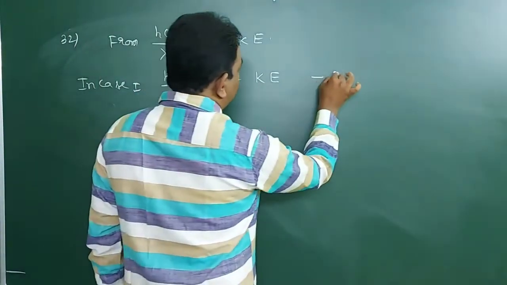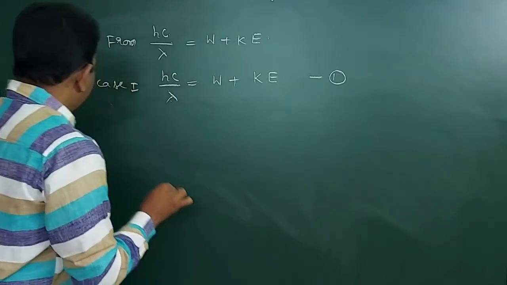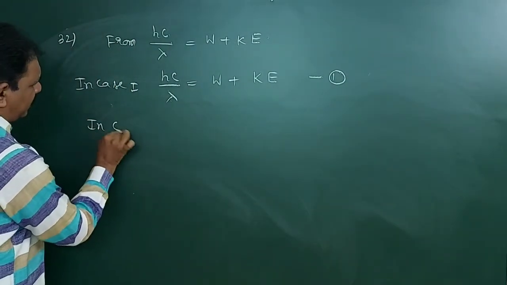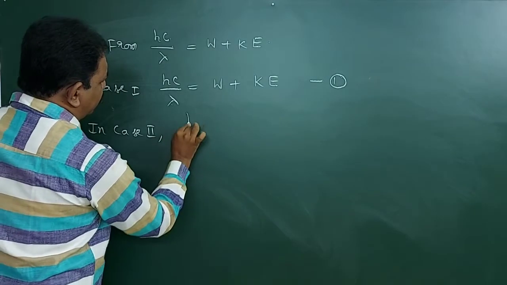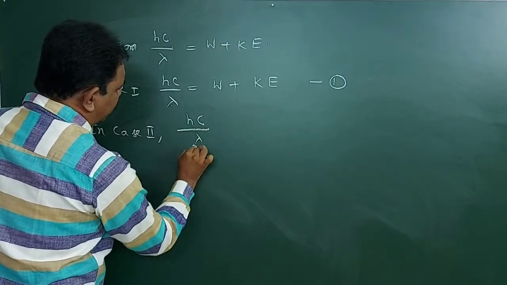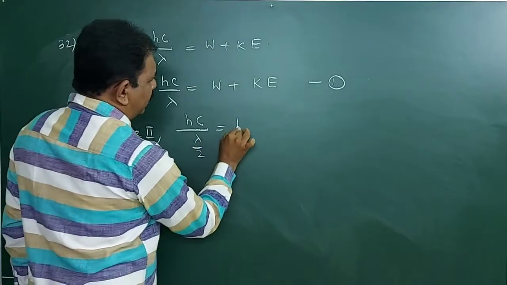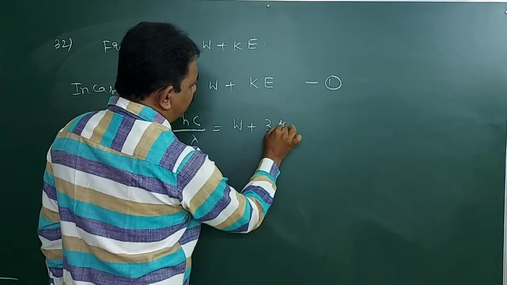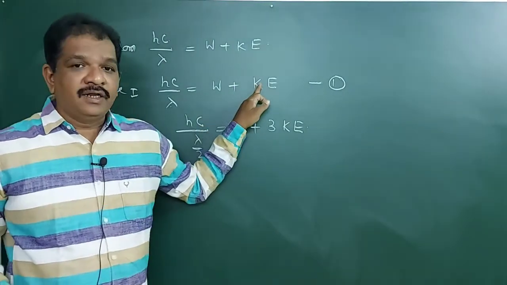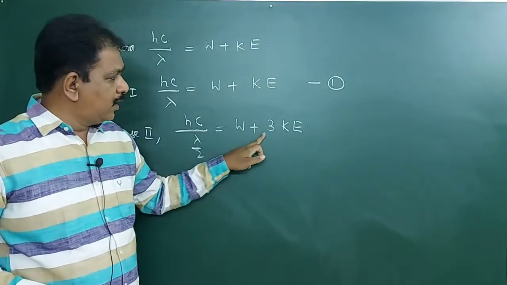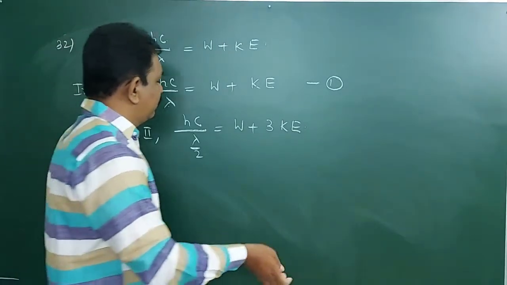Let it be case 1. In case 2, wavelength becomes lambda by 2. W won't change. Kinetic energy becomes 3 times the kinetic energy in case 1. So I am writing 3 Ke.